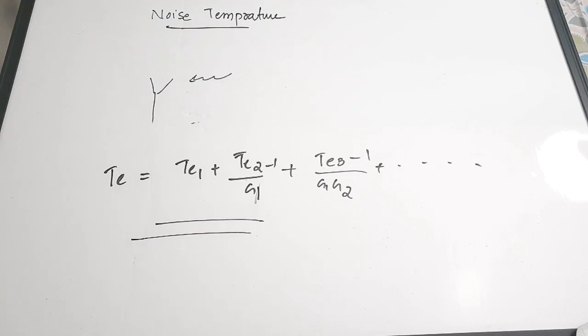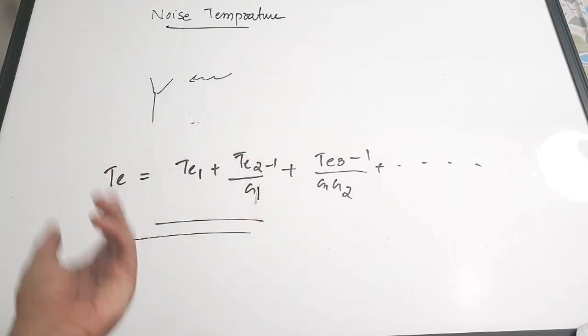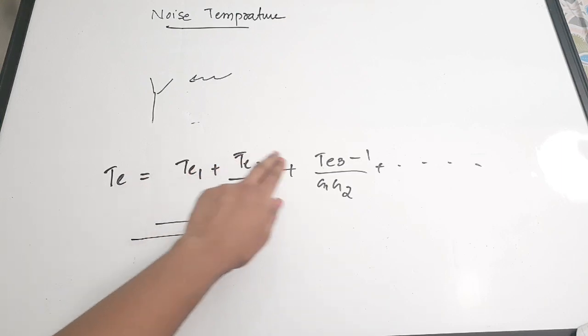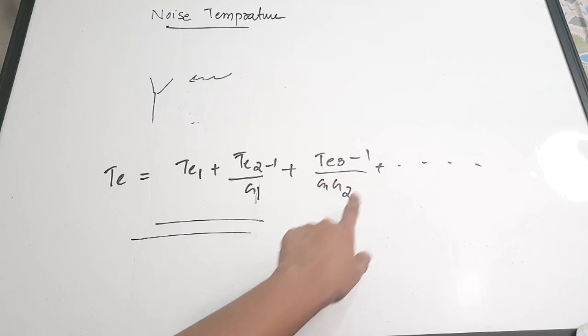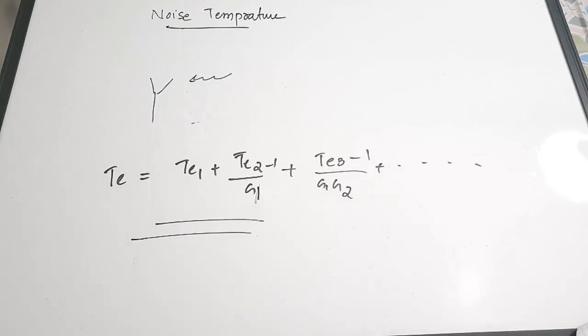The only difference is wherever you are writing noise factor, replace it with the noise temperature of that stage. That is, total noise temperature will be TE1 plus (TE2 minus 1) by G1 plus (TE3 minus 1) by G1 G2 plus (TE4 minus 1) by G1 G2 G3. Likewise, it will go on.